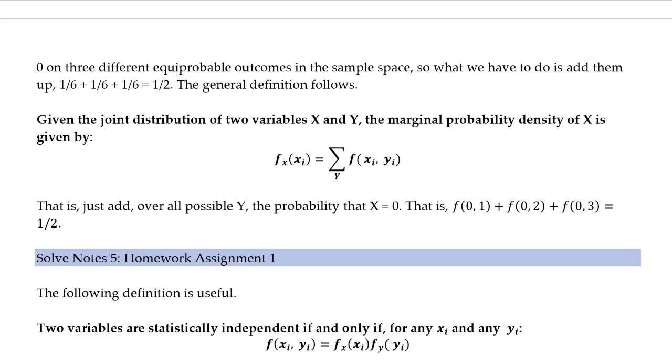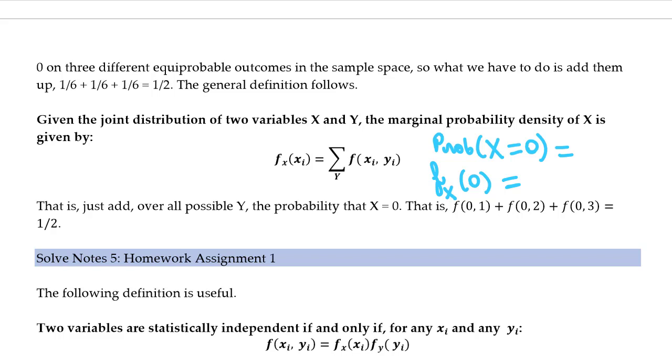Let's say, for example, I want the probability of x equals 0. Okay, so what I'm looking for is f_x of 0. How would I do that?